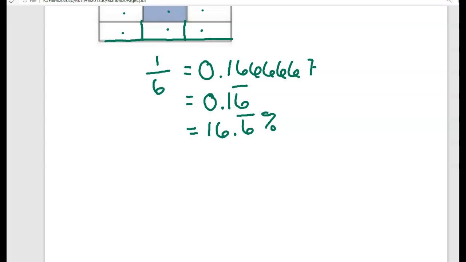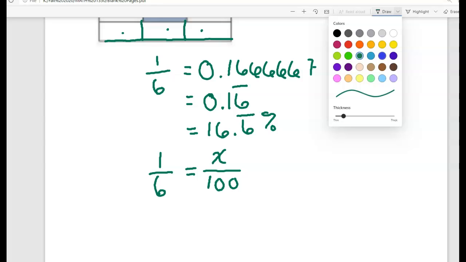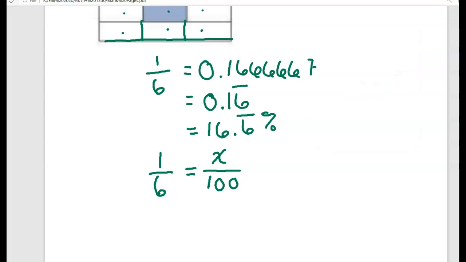So what we can do, we've already discussed ratios and things of that nature. We can actually do a ratio. Think about 1/6 is equal to our percentage that we're looking for, and all percentages are out of a whole of 100. Okay, so now we're going to do a little bit of cross multiplying and solving our ratio.